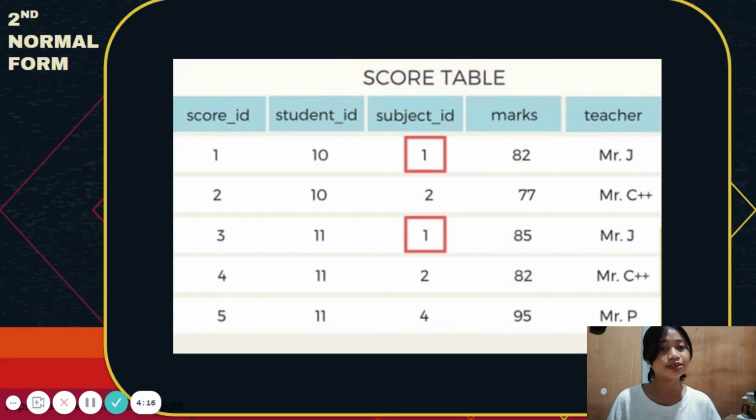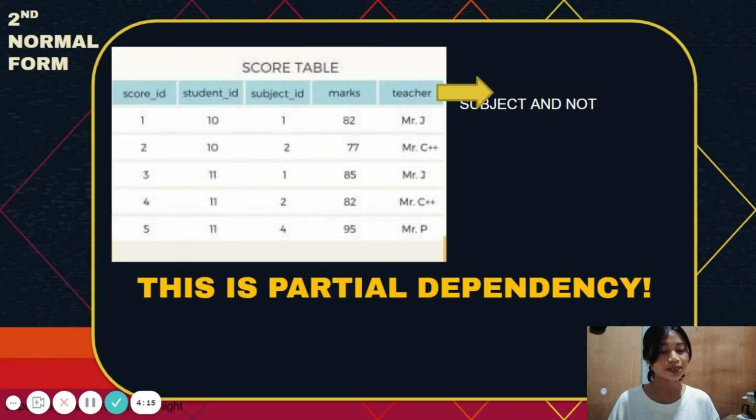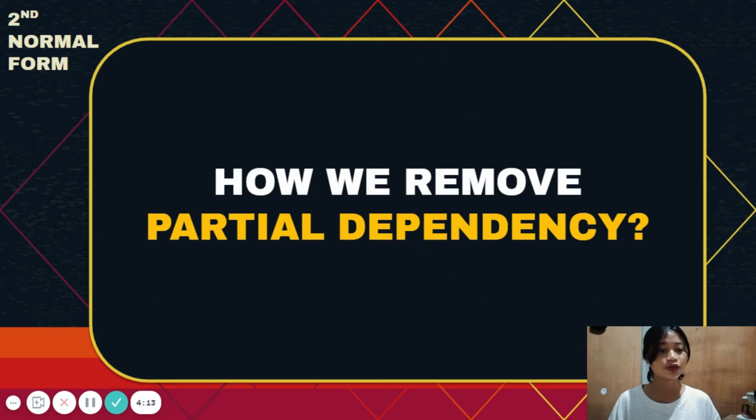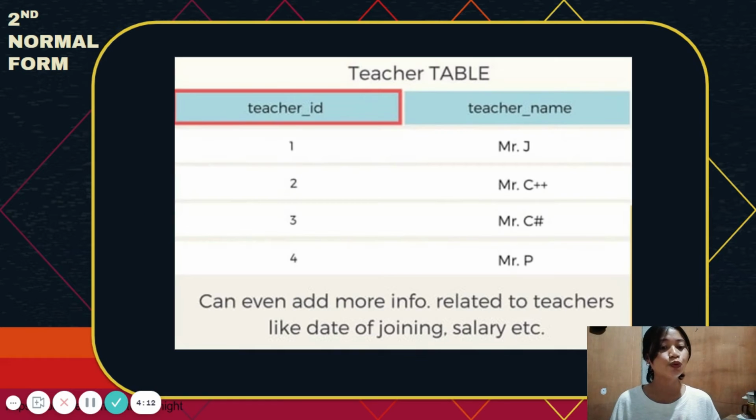The score table's primary key is the student ID as well as the subject ID. And the teacher column only depends on subject and not on students. And this is partial dependency. Now to remove that we have many different solutions, but we can create another teacher table and use a teacher ID, whatever we want.